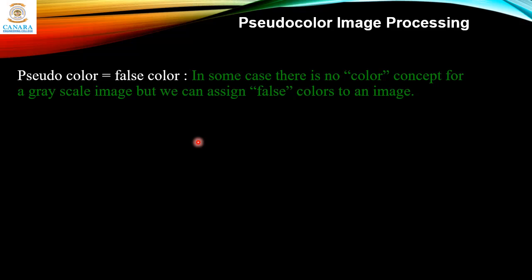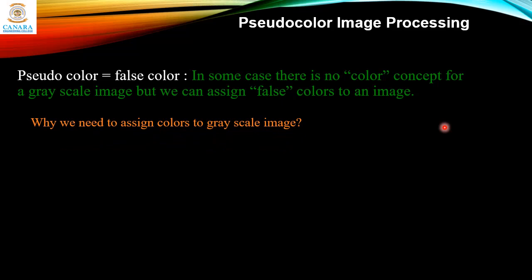Depending on the level of grayscale, like from 0 to 50, 50 to 100, whatever ranges we decide, we will apply a particular color to that particular range. So we are recoloring the image, and the coloring is not true color. It's basically false color based on our interpretation or our liking. That's why we call it pseudo color image processing.